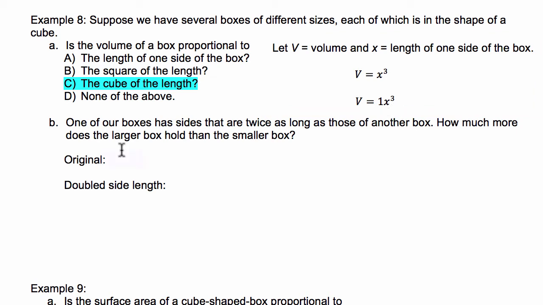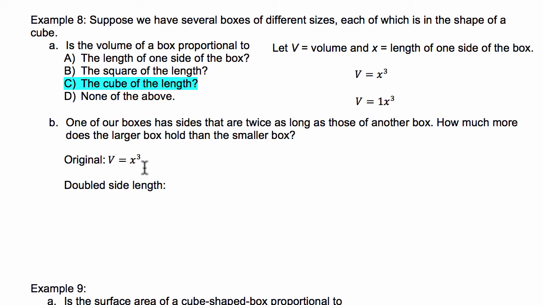Part B. One of our boxes has sides that are twice as long as those of another box. How much more does the larger box hold than the smaller box? Let's start with our equation that gives the relationship between the length of one side of the box and its volume.